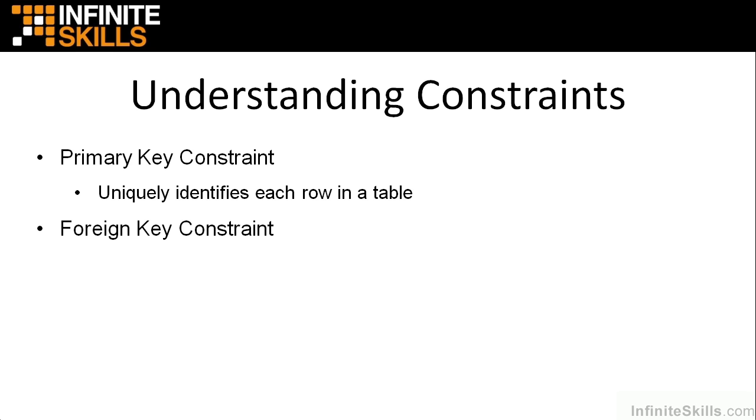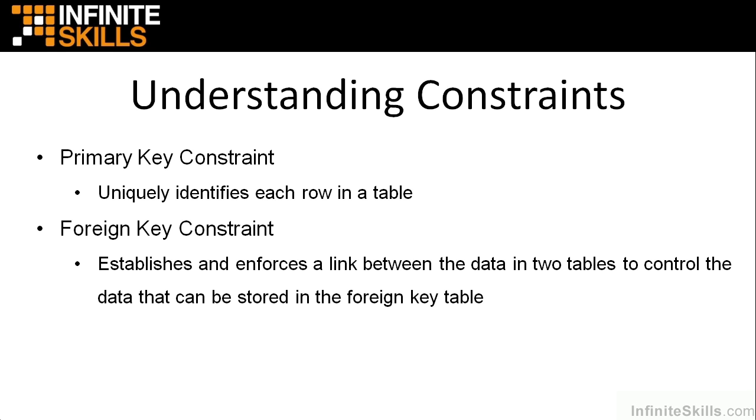The foreign key constraint, and we'll visit this one a little later on when we talk about joins, establishes and enforces a link between 2 tables and between the data in those 2 tables. We use this link or relationship to control the data that can be stored in the foreign key table. When we have the same data in a row, both in the primary key table and in the foreign key table, that tells us that the data in the foreign key table goes with that row in the primary key table.